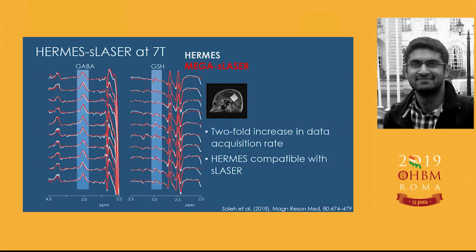And now HERMES allows a 2-fold increase in data acquisition rate at 7 Tesla. Another important point to note is that at 3 Tesla, we perform HERMES using PRESS localization. Over here, we used semi-LASER localization. The next step would be to have semi-LASER at 3 Tesla, so that you can gain the same benefits that we get at 7 Tesla.